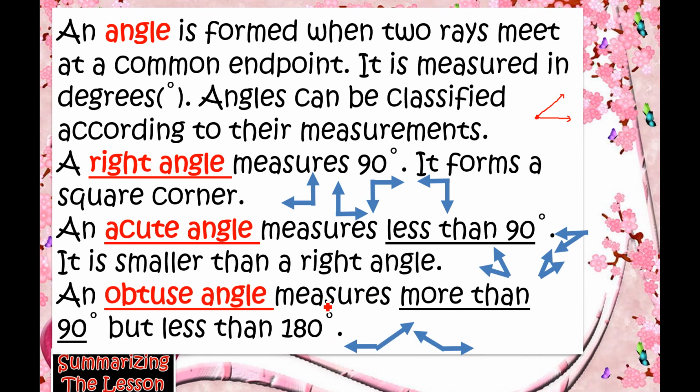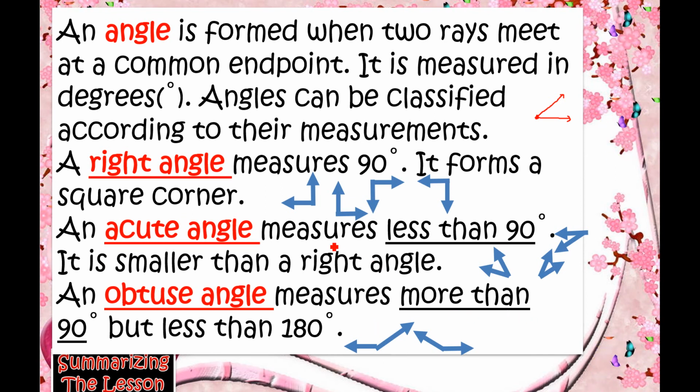As you can see, an obtuse angle measures more than 90 degrees but less than 180 degrees because one of the rays did not form a straight horizontal line opposite to the other ray. However, it measures more than 90 degrees, and it is classified as an obtuse angle.